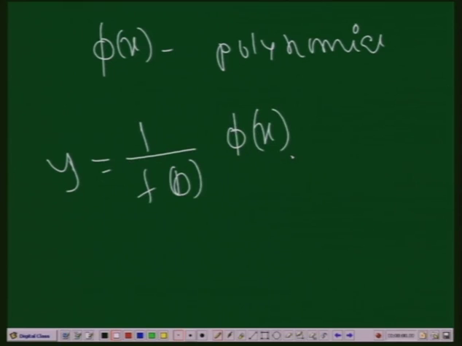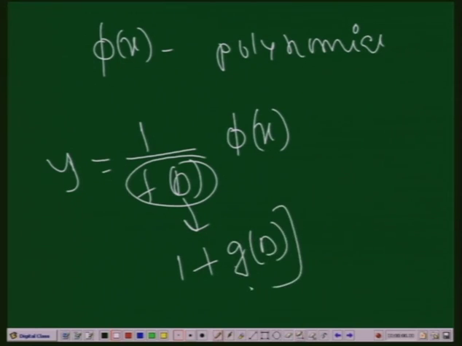As you know, you have to write f of D as 1 plus some function, let it be some g of D, take it to the numerator. So, y becomes 1 plus g of D, the whole inverse, operating on phi of x.